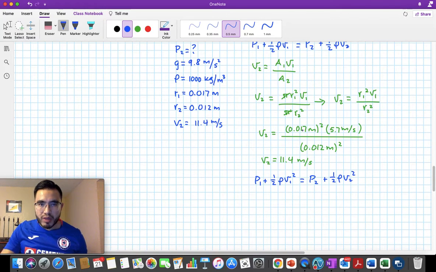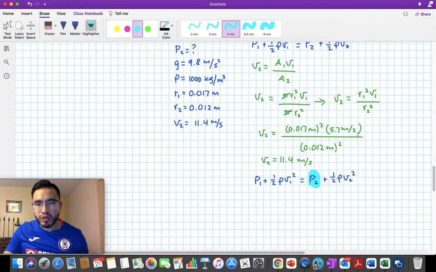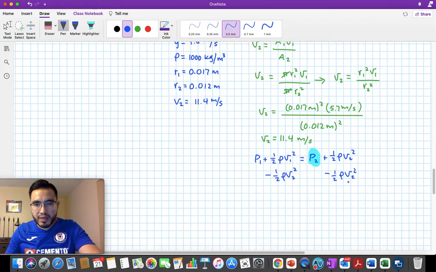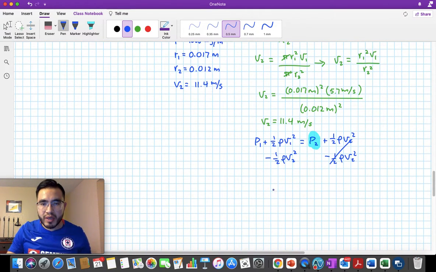Okay, we're solving for pressure 2, so all we do is subtract 1/2 rho V2 squared on both sides.